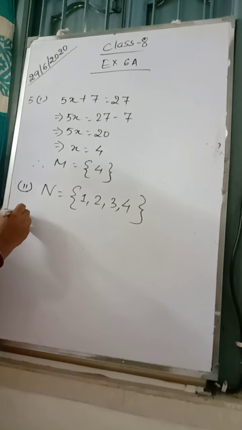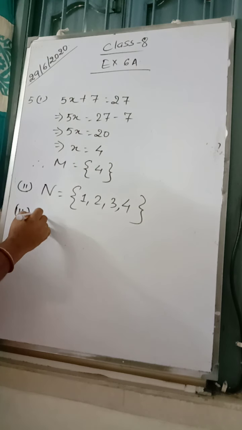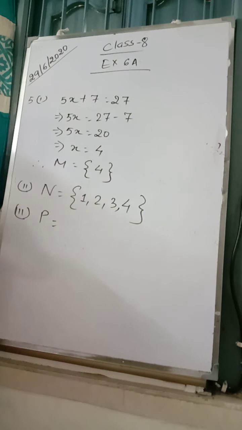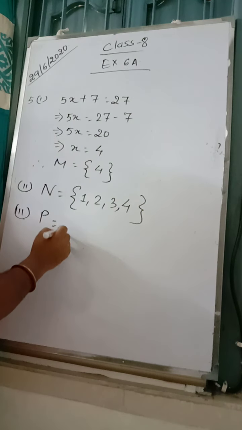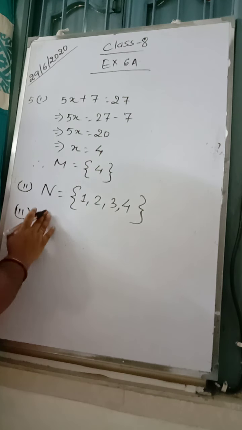Number 3, where it says x is whole number and x is less than 5 and x is equal to 5n. So x is equal to what we have?